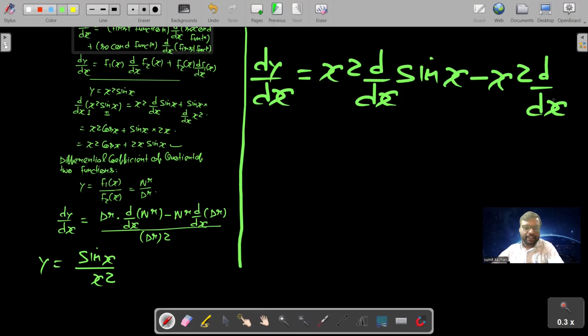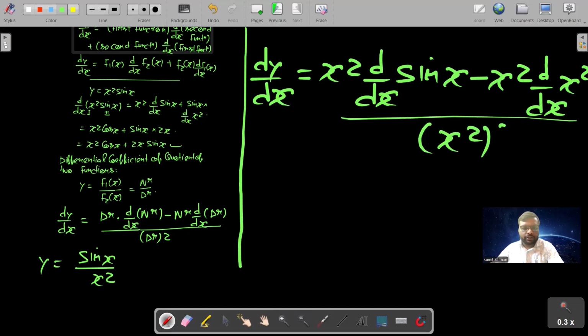Denominator is x square, upon denominator square, so x square whole square.